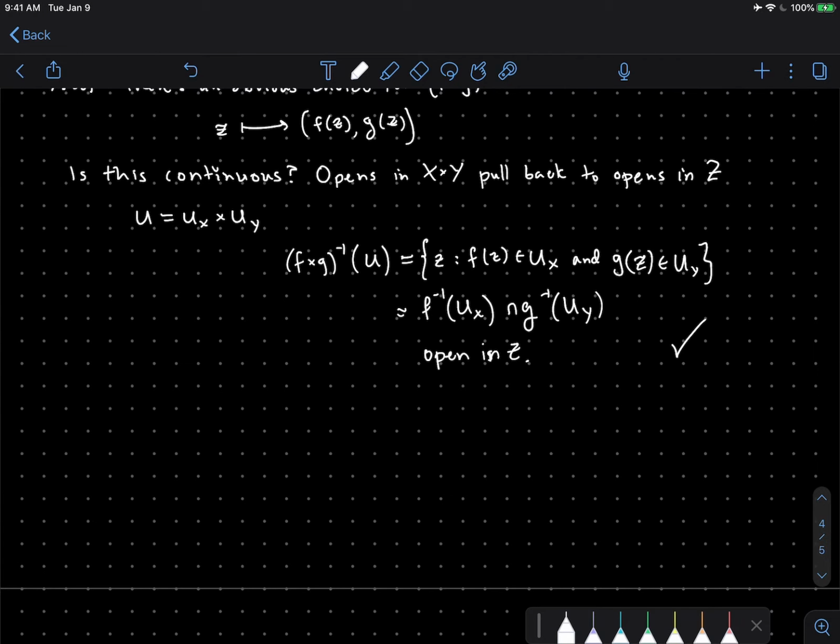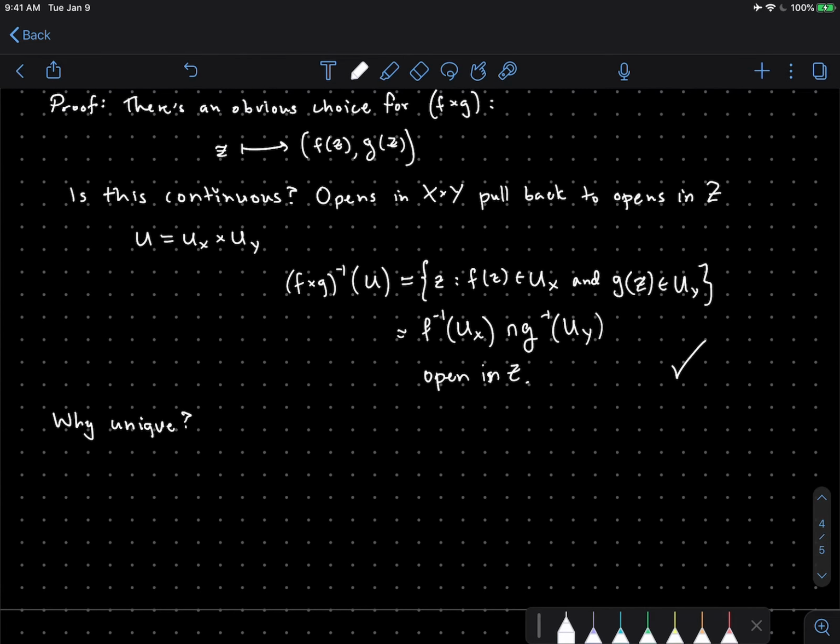Why is this unique? Well, suppose we have any other H mapping to X cross Y that works.